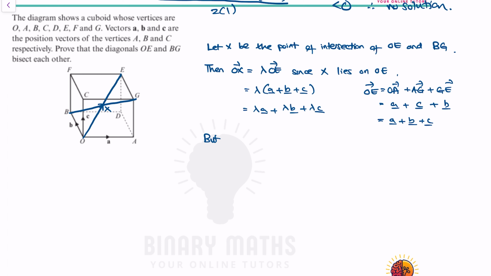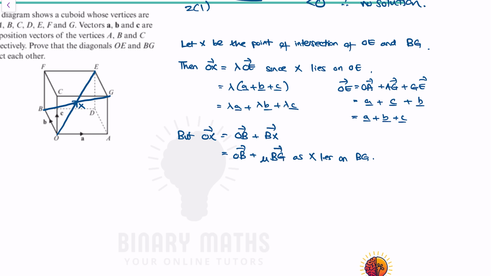But another way to get from O to X is going from O to B and then B to X, which is just OB plus a scalar multiple, mu, let's say, because it's not the same scalar multiple as before, mu times BG, as X lies on BG. So now I need to work out what BG is.